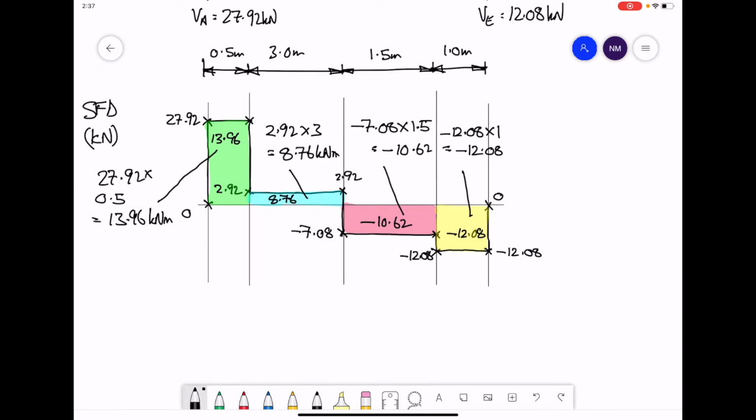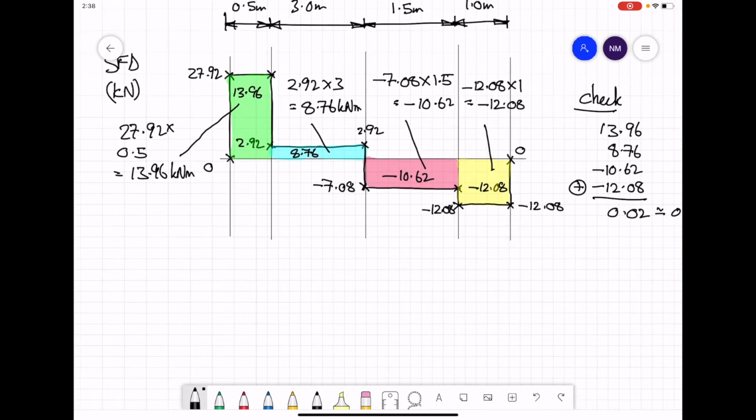Before we draw the bend moment diagram, we're going to do a quick check on these areas by adding them up. Pay attention that areas beneath the axes will be negative. Add up our values and we get a value of 0.02, for all intents and purposes equal to 0. The reason why we don't get exactly 0 is due to rounding of numbers. That gives us confidence to go ahead and draw our bend moment diagram.